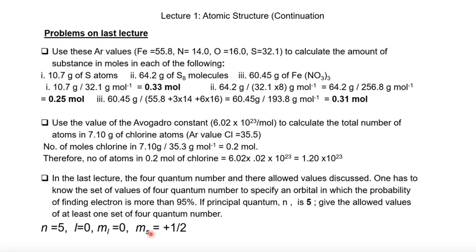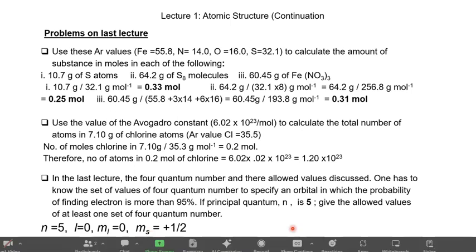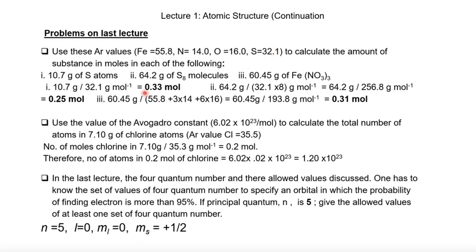We are asked to calculate the number of moles. So here 10.7 gram of sulfur, and the molar mass of sulfur is 32.1. We take 10.7 gram divided by 32.1 gram per mole, and we get 0.33 mole.